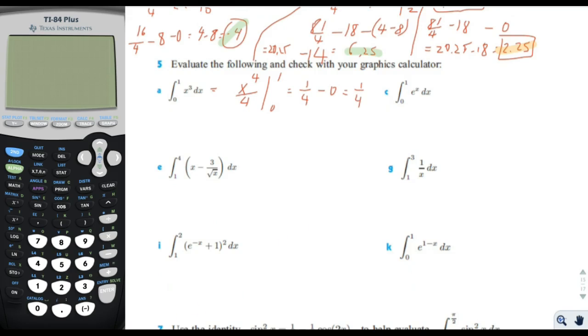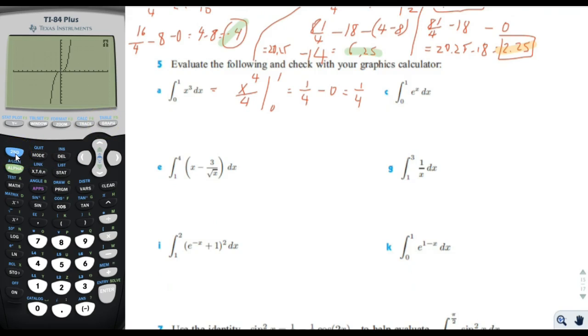Now let's try to do that with the calculator. We're going to put the original function, x cubed, and you don't put in the integral function, you put in the original function. So you put x cubed, and then you're going to integrate it from 0 to 1. You can even graph it if you want to first.